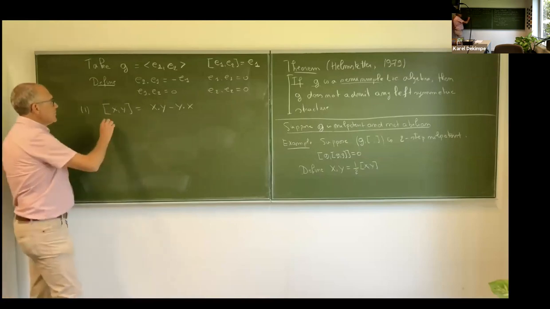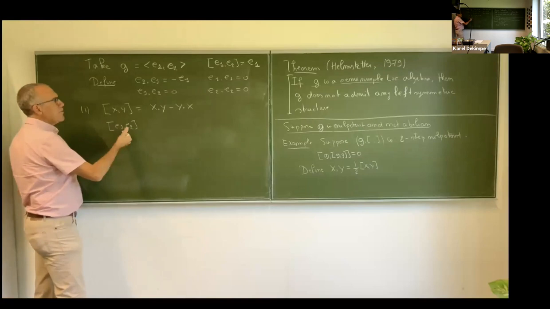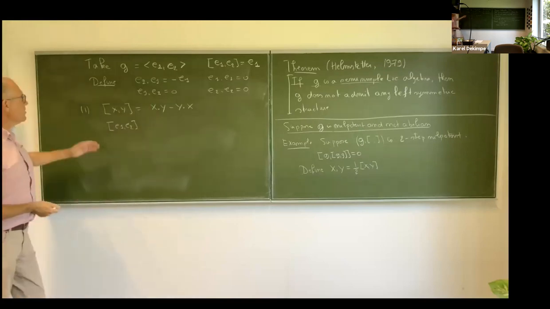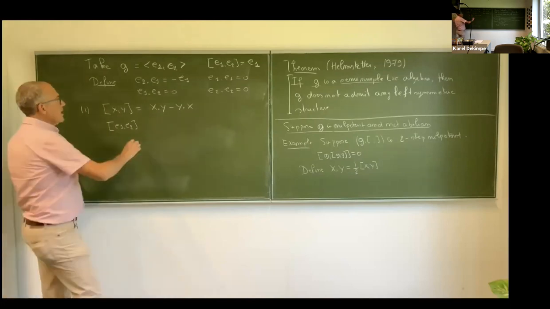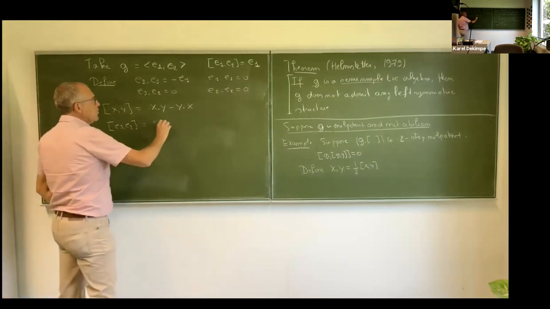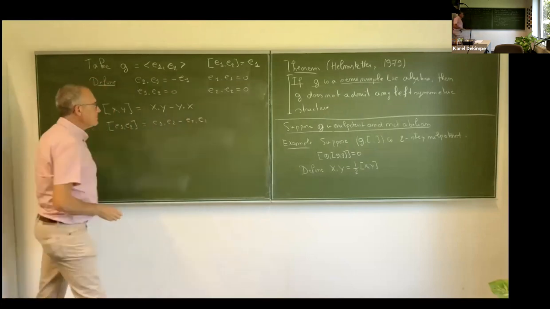So it's enough to check the condition for E1, E2, and the other one will follow automatically because if you change y and x, you just get minus the previous one. So this should be equal to E1 times E2 minus E2 times E1.